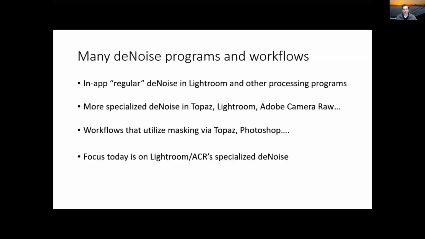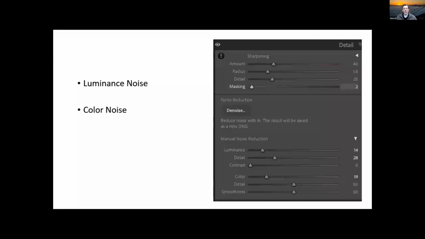Our focus today is on Lightroom's ACR specialized denoise. All these programs are excellent. They all do a great job. I happen to use Lightroom. Doug uses Topaz's new Photo AI. I've used Topaz Denoise AI. They all work great.